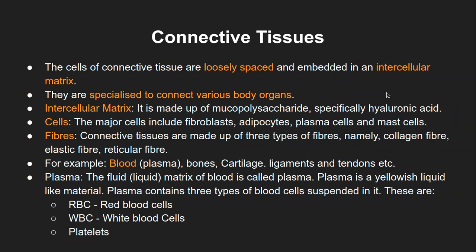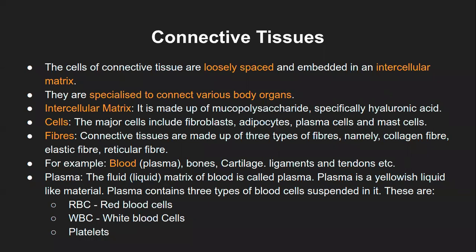Now, if I have to give you an analogy, we have a gel-like structure, and you plant something within that gel. Let's say a seed or something like that, or even a marble within a gel, will be acting like a cell, and that gel will be the matrix-like structure.